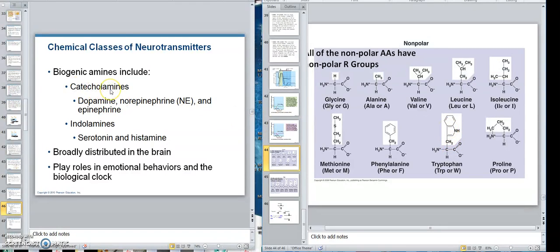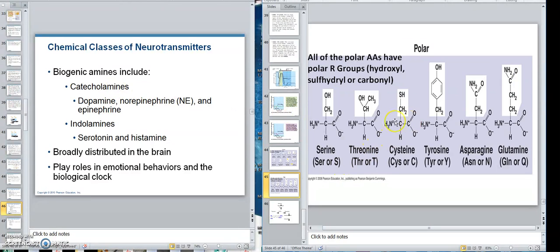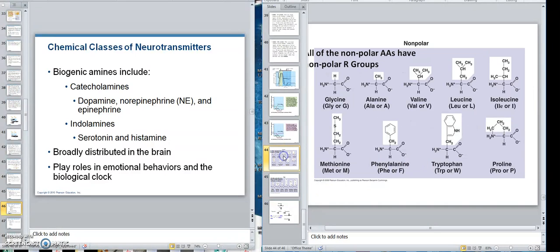The catecholamines come from tyrosine. Here's tyrosine. This right here is called the catechol ring. So the catecholamines, the amines, come from tyrosine, and the indole ring comes from tryptophan. Okay. All right, right there.